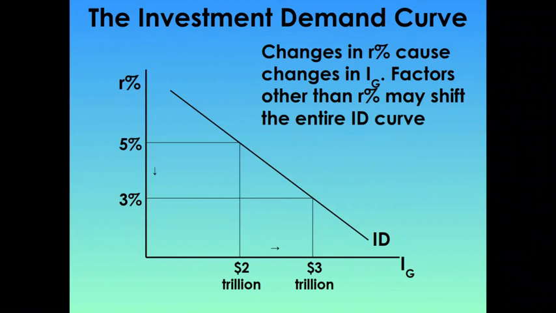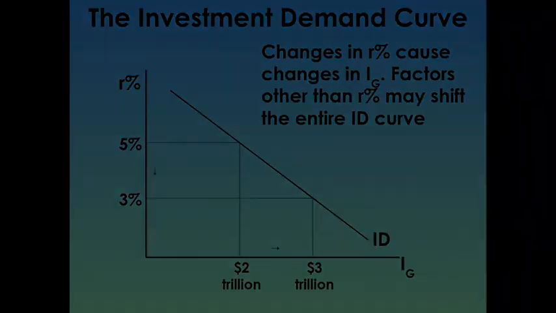But if we drop that interest rate down to, let's say, 3%, you're going to see upwards of potentially $3 trillion of investment. Again, these are just example numbers, not exactly what it's going to be. But as that interest rate drops, more and more companies are going to be willing to invest that money, that gross private investment, because it's going to allow that expected rate of return to grow, and it's going to give a better chance of actually making money off this investment.